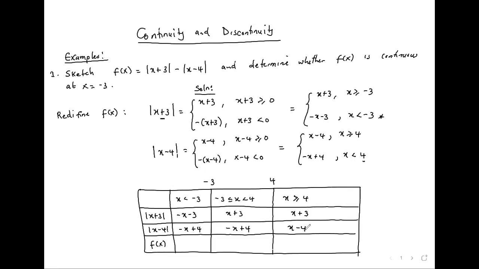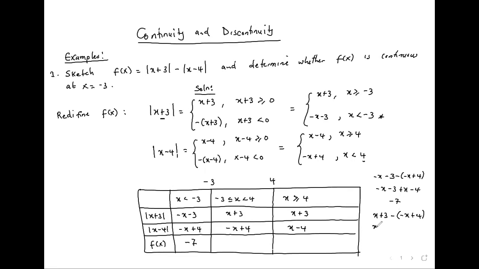Then putting this together by subtraction. So we get negative x minus 3 minus (negative x plus 4), which is negative x minus 3 plus x minus 4, giving us negative 7. So that still comes out to be negative 7. And then the other one, x plus 3 minus (negative x plus 4).